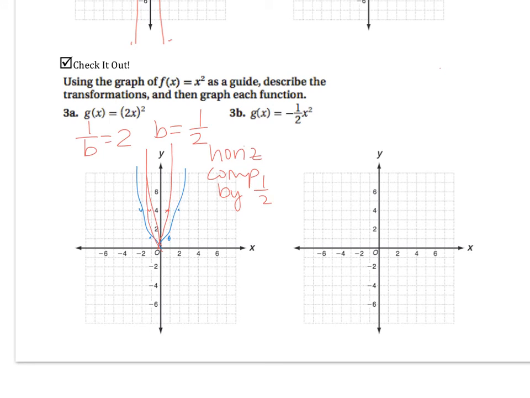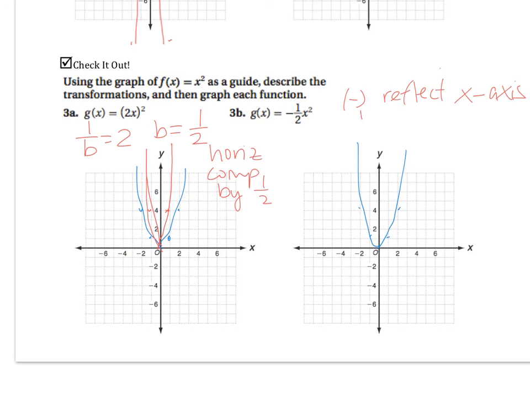The second one, again, parent function. And what's happening here? The negative means it's reflecting across the x-axis. It's outside parentheses.